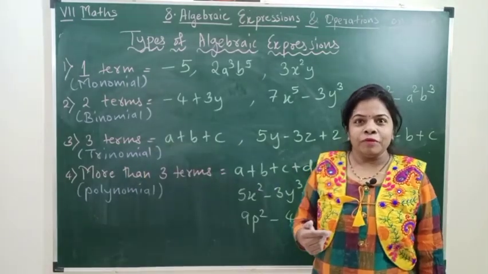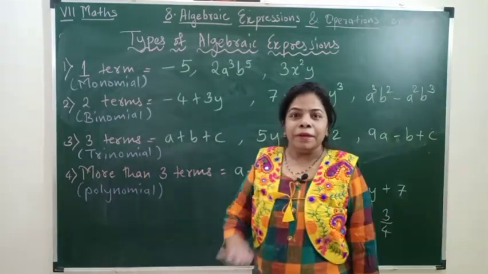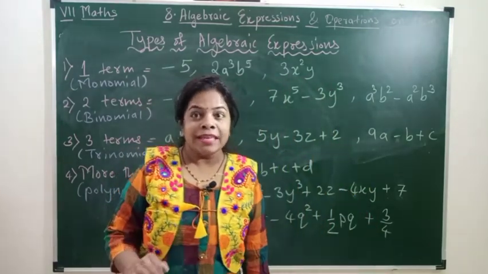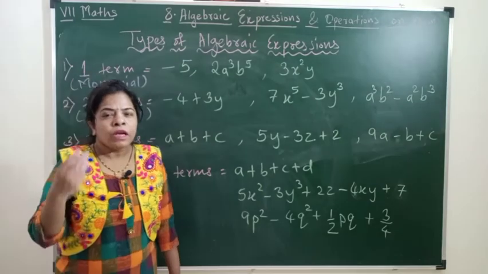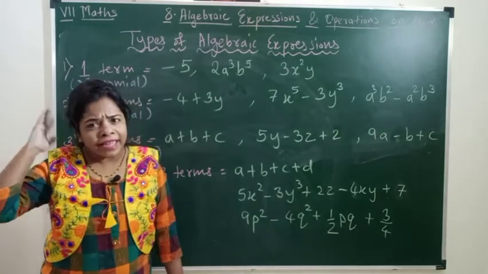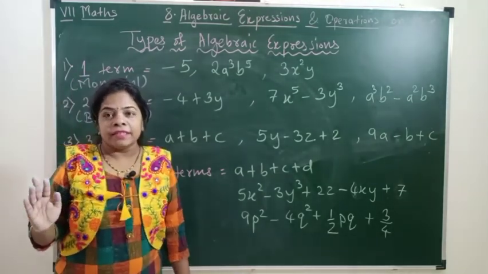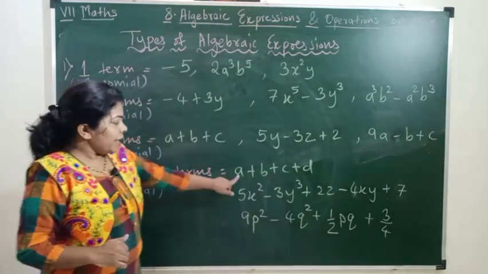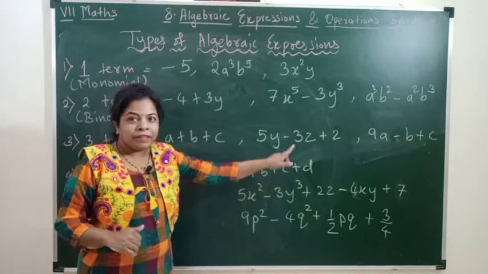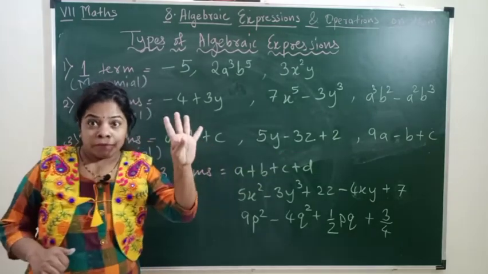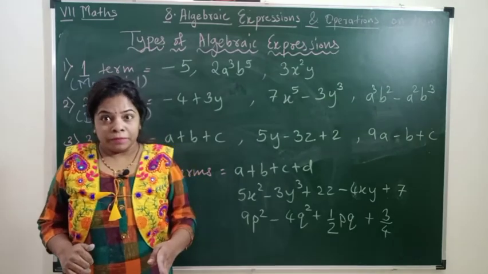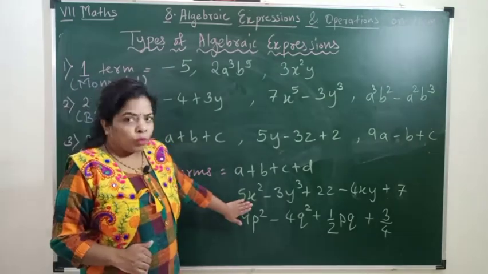And the last type of algebraic expression will be polynomial. If the algebraic expression is having more than 3 terms, 4, 5, 6, any number, then it is considered as a polynomial. For example, a plus b plus c plus d. 4 terms are there, it's more than 3. So it is a polynomial. 5x square.